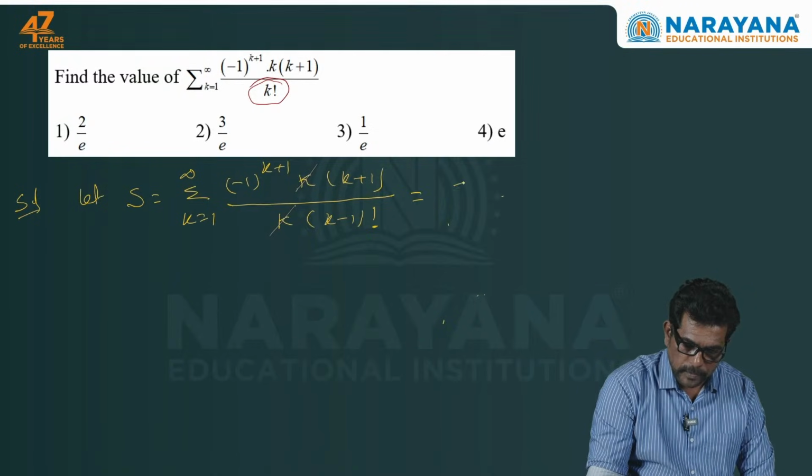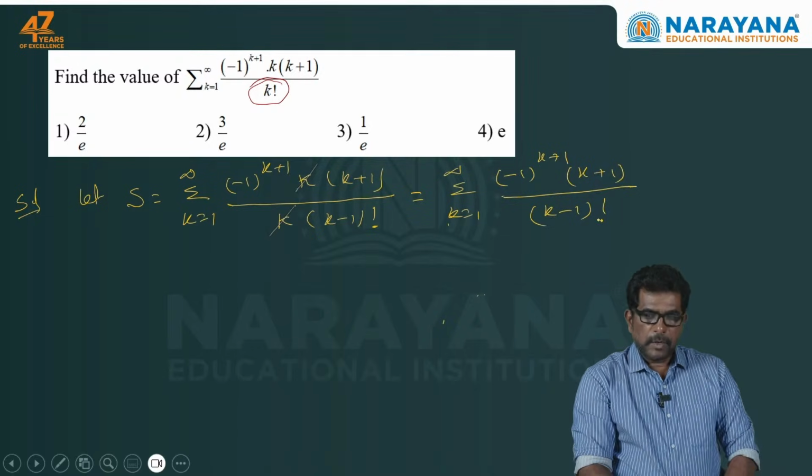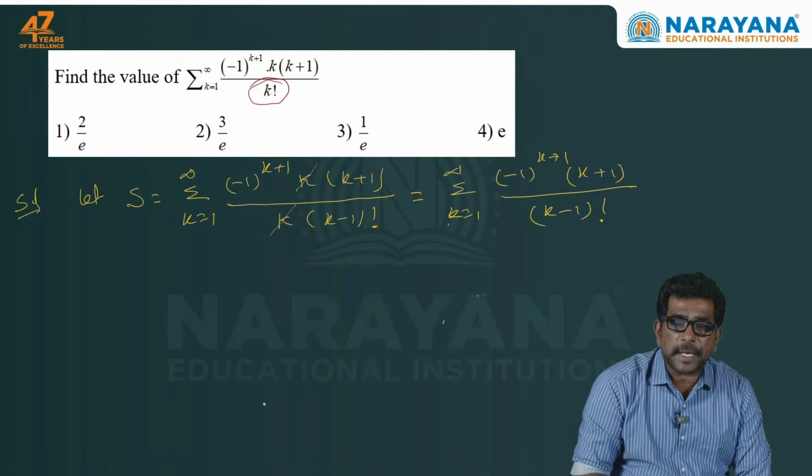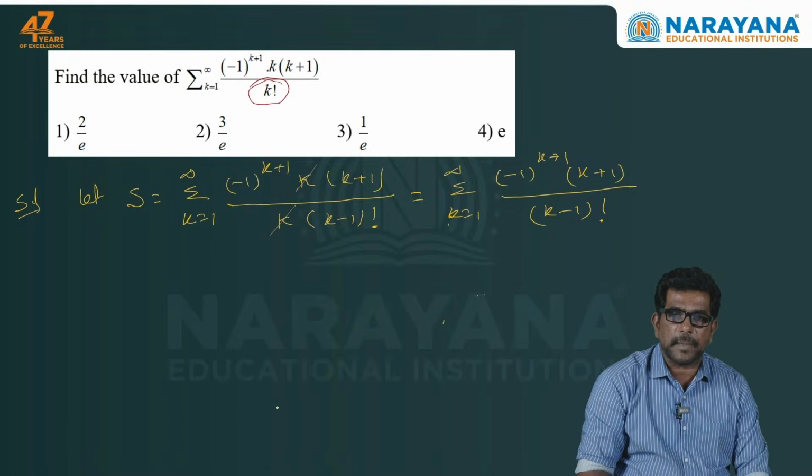Now this becomes s is equal to summation k is equal to 1 to infinity, minus 1 whole to the power of k plus 1 into k plus 1 upon k minus 1 factorial. Now observe the numerator is k plus 1, and the denominator is k minus 1 factorial.